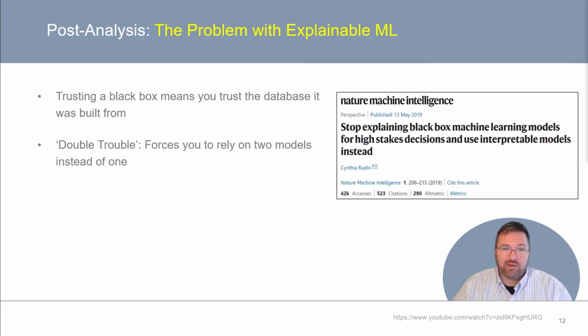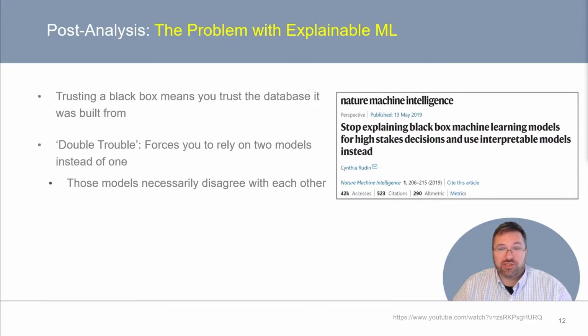Next, she points out that when relying on explainability approaches, you fall into what she calls double trouble, where now instead of just relying on one model, we have to rely on two. And as we know from George Box's quote in part 4 of this video series, all models are wrong, each relying on their own unique assumptions, meaning that these two models that we now have will necessarily disagree with each other, at least in certain situations.